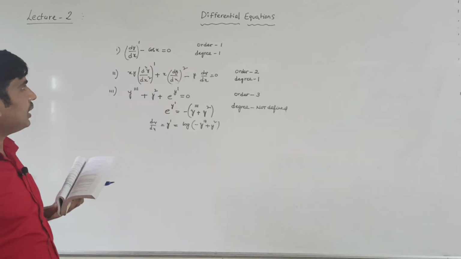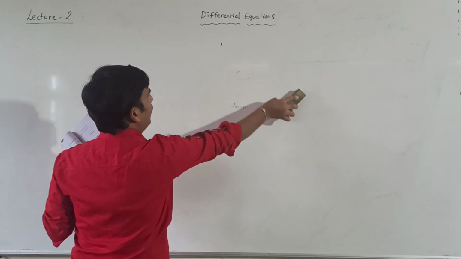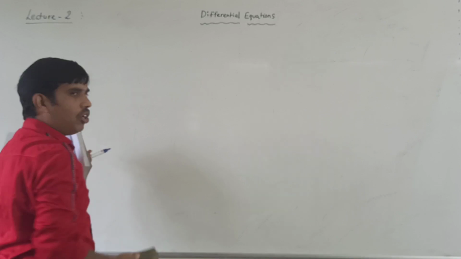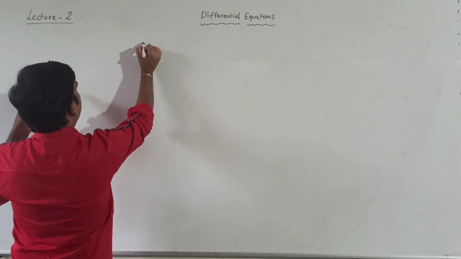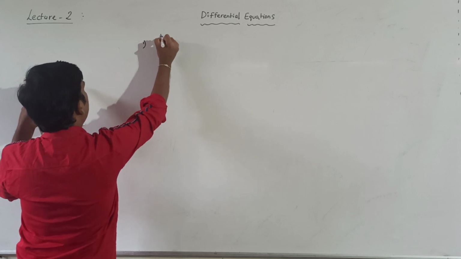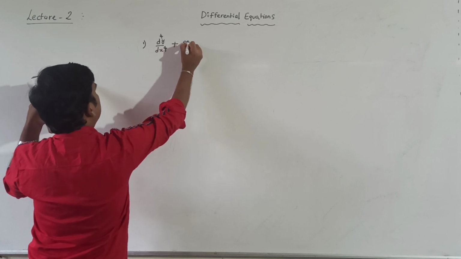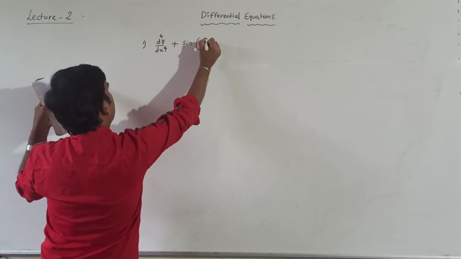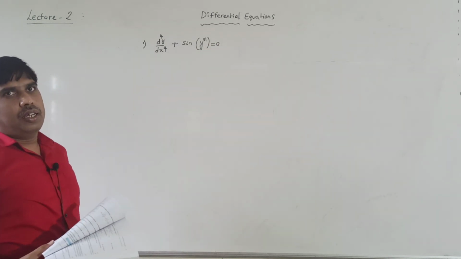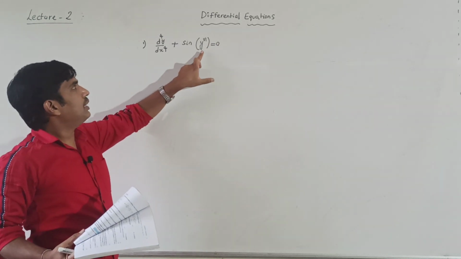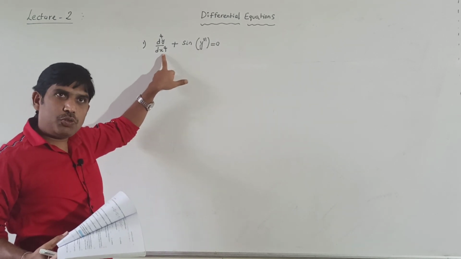So now we'll discuss exercise problems. The first exercise is totally based on finding the order and degree. One by one we will discuss. First problem: d power 4 y by dx power 4 plus sin y triple dash is equals to 0. So this is a third order derivative, this is a fourth order derivative.